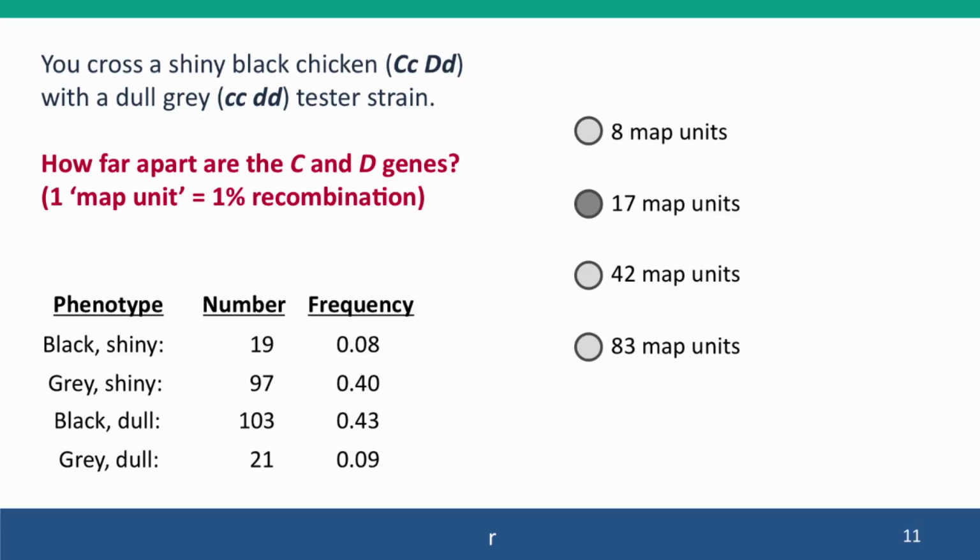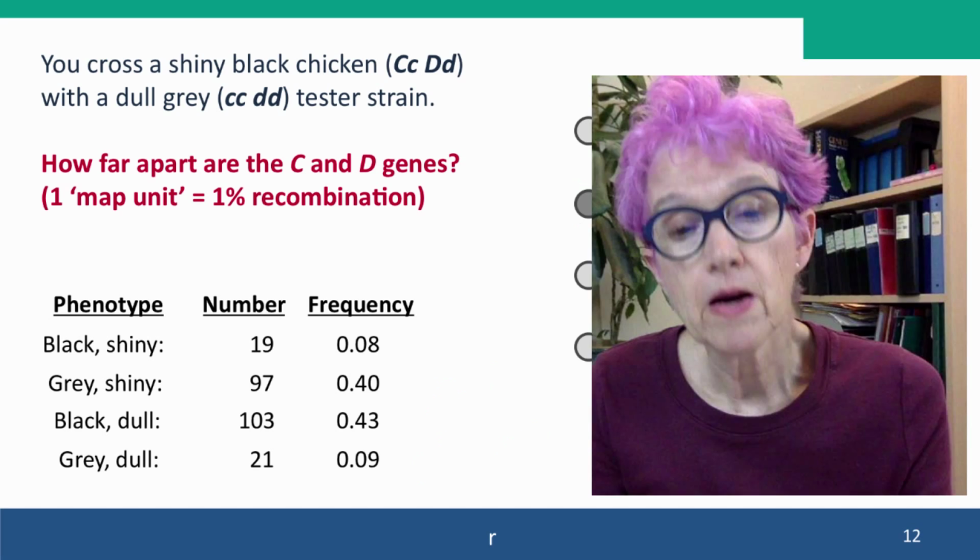And the answer is the recombination frequency is 17%, 0.08 plus 0.09. And that means that in map unit terms, the genes are 17 map units apart.